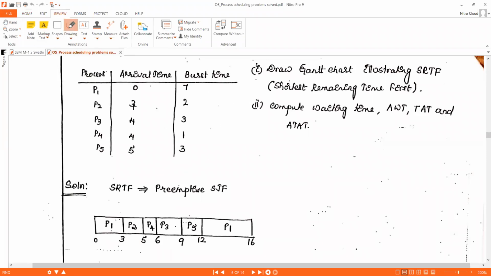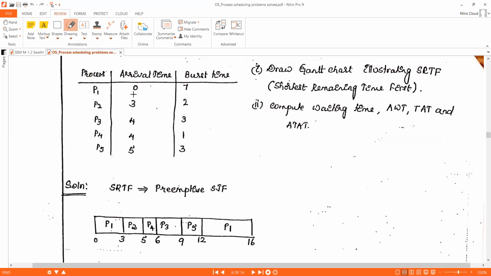While the CPU is executing process 1, at arrival time, clock time 3 milliseconds, process 2 also arrives to the ready queue. Process 2's burst time is 2 milliseconds.